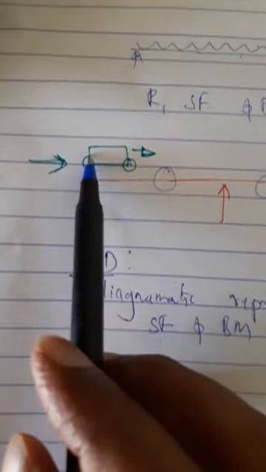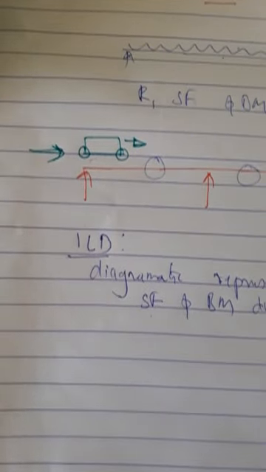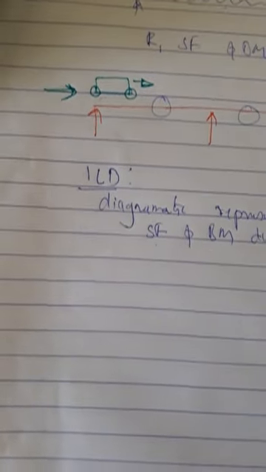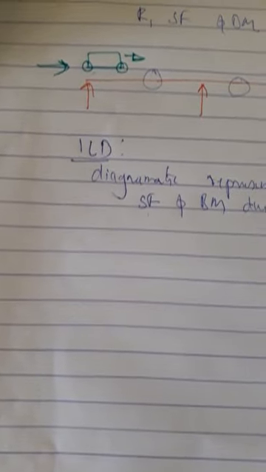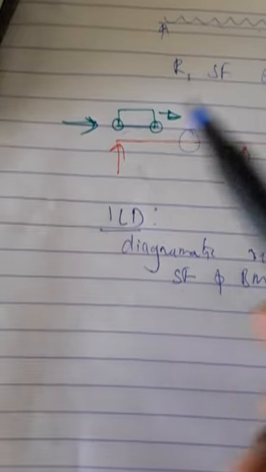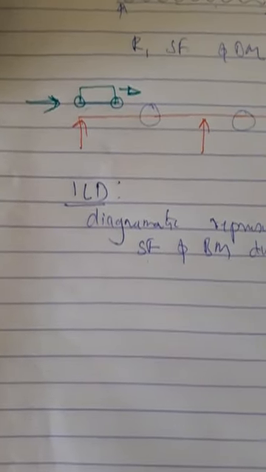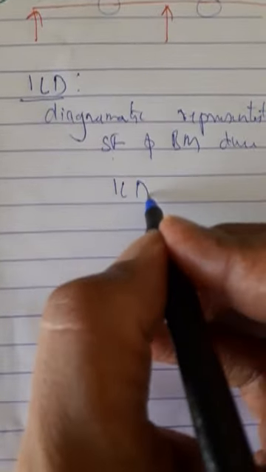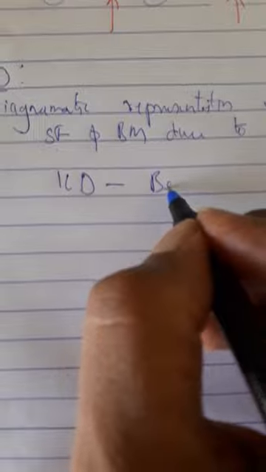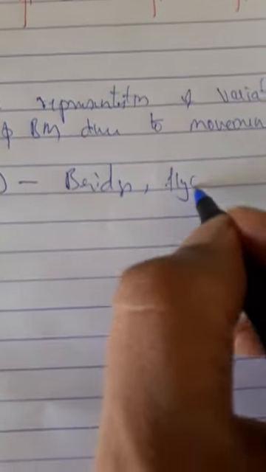So if this load moves from here till here, at any location, what is the shear force and bending moment it produces? So these vehicle loads or wheel loads are the loads which change with time. Hence we use ILD, influence line diagram, for design of bridges, for design of flyovers, etc.